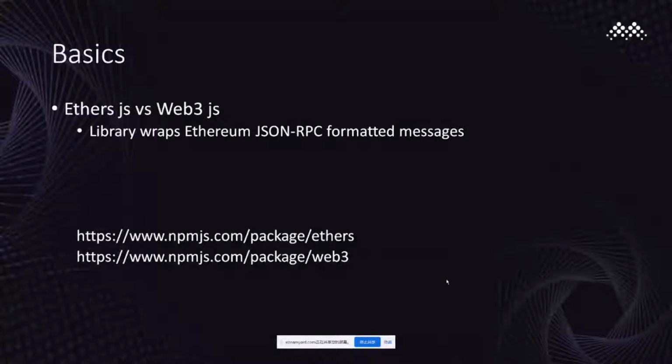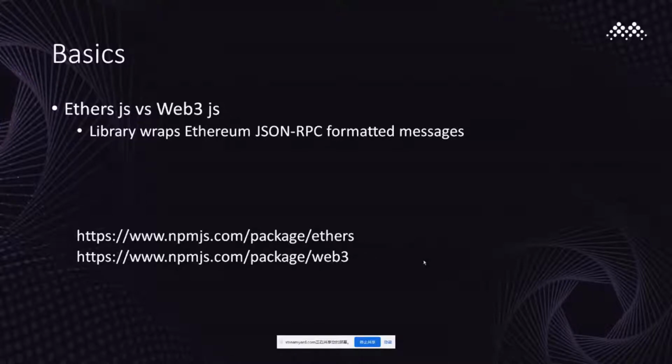Basically, they do the same things, but recently more developers use Ethers.js, which is easier to read. But they are very similar, and you can choose either of them. I provide two links below, and you can check their details. There are only very small differences.